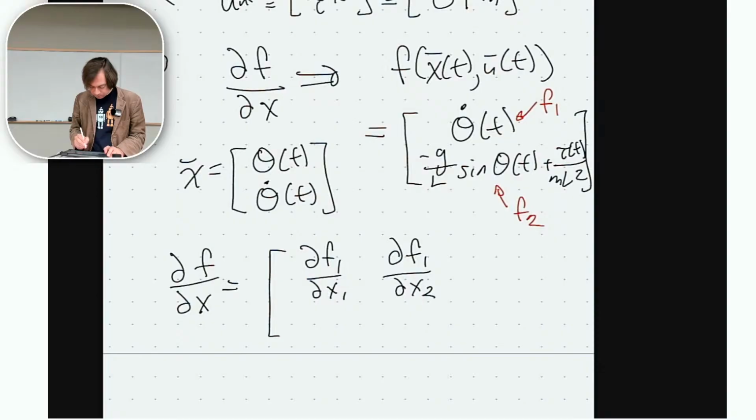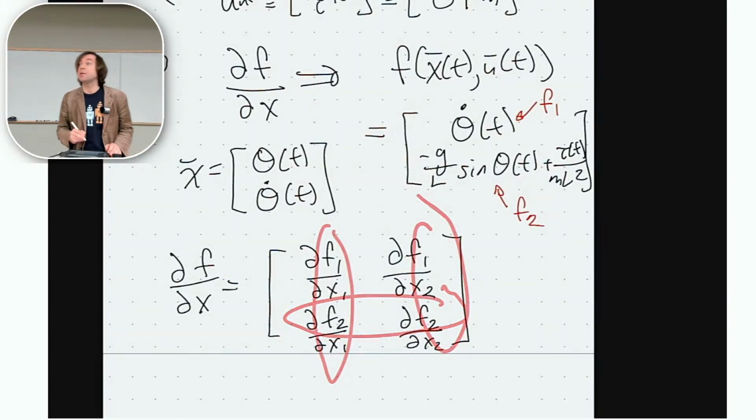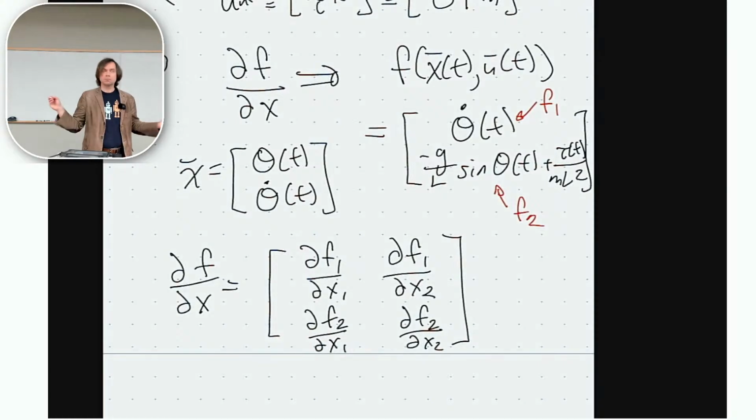These change. Second row, we got partial f2, partial x1, partial f2, partial x2. Again, we're keeping the top the same on the same row. Look, the columns are the same in the bottom. Make sense? So now we just got to fill this out.